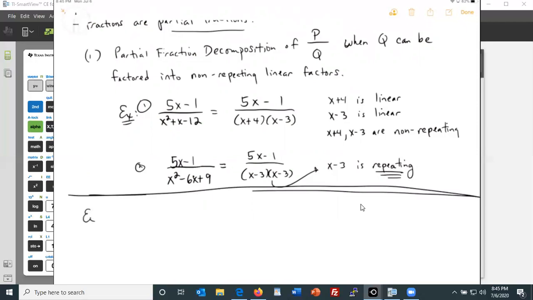Okay, so example. Decompose the following.